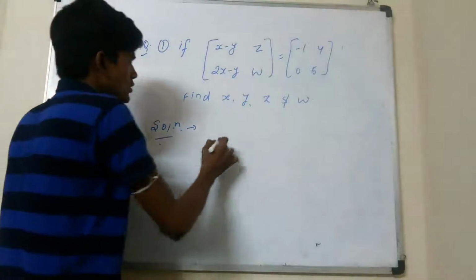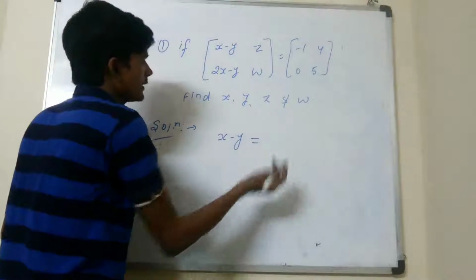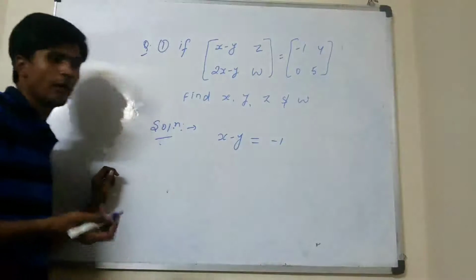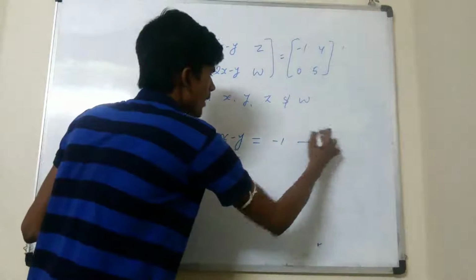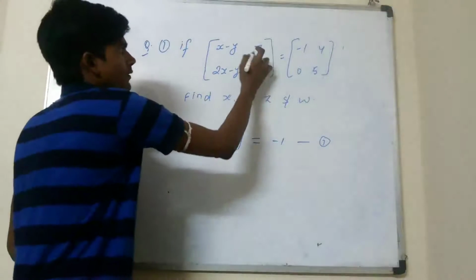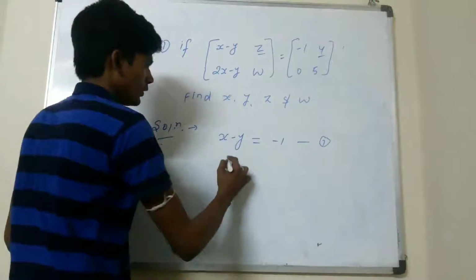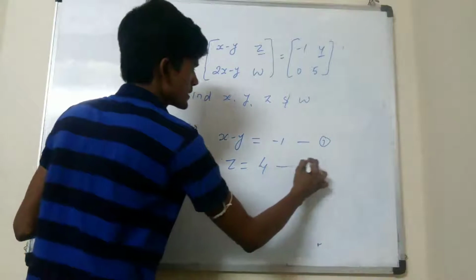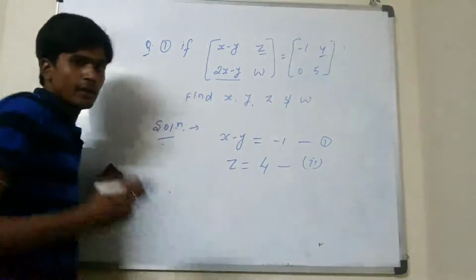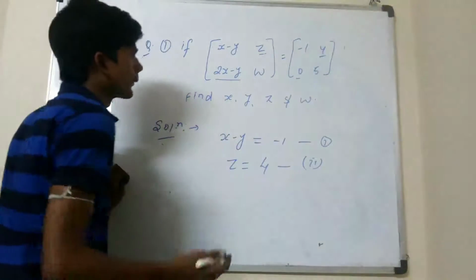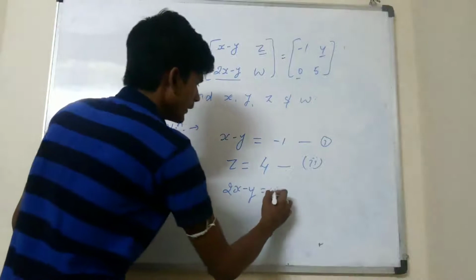So we can write x minus y equals minus 1. This is equation 1. This element is also equal to 4, so z equals 4. This is equation 2. Again, 2x minus y is also equal to 0.